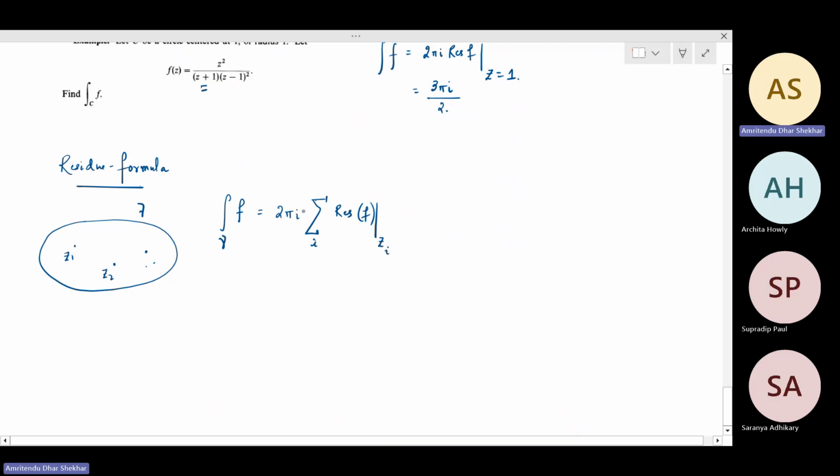I just realized I used i for both, so let's just write 2 pi times square root of minus 1.